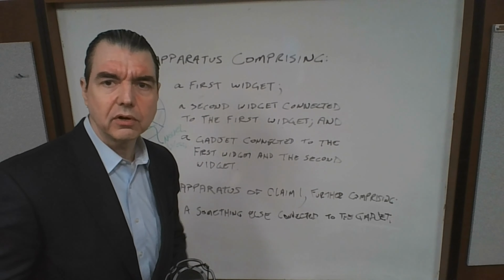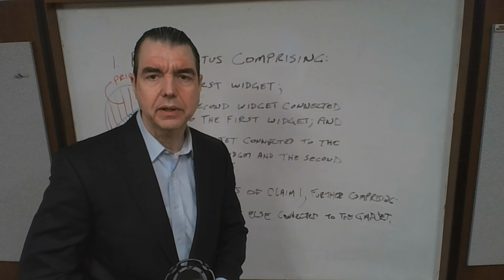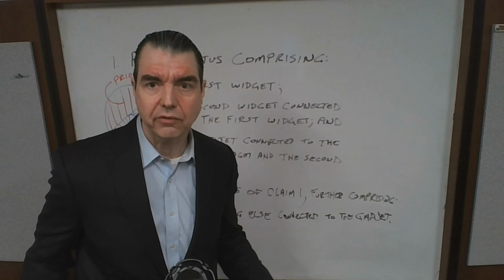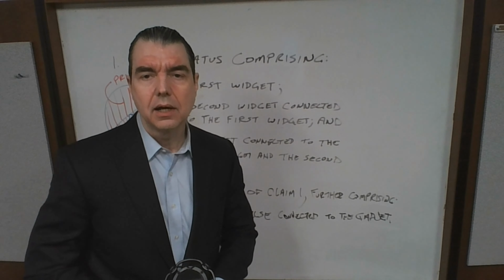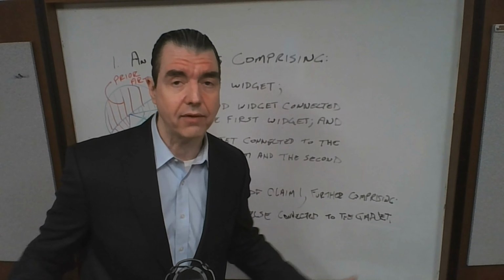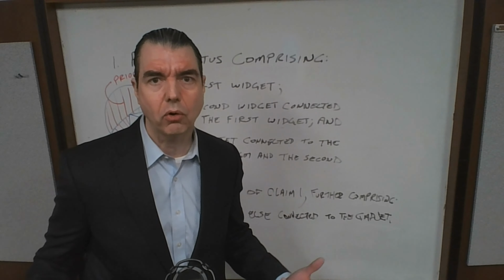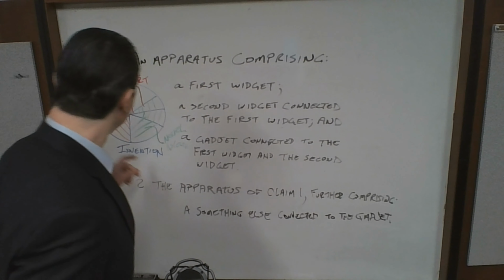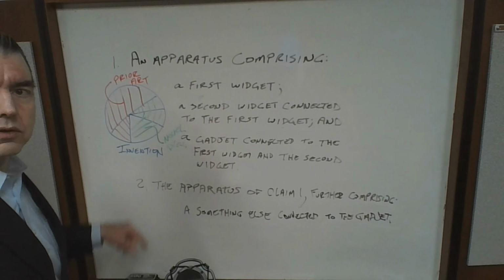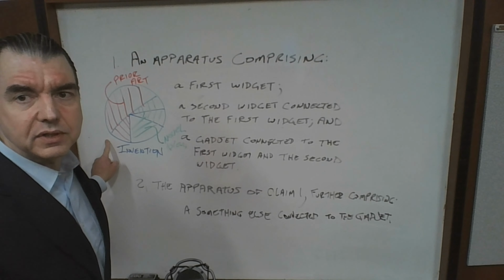Now, in terms of starting the draft of your patent application, whether you're doing it yourself or you're working with an attorney, the attorney has to do what's called invention analysis, or you have to do invention analysis. And your invention is likely going to be composed of different aspects. So the circle that I've drawn here is a representation of your invention.